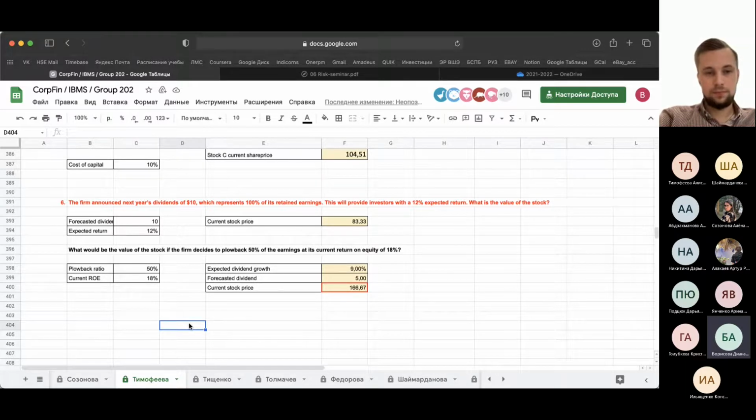But in this case, we reinvest money, and the growth of the firm depends on the amount reinvested, and the percentage of reinvestment is the plowback ratio, which is equal to 50%. That's why we can calculate expected dividend growth.